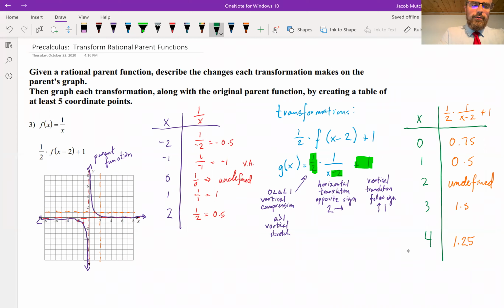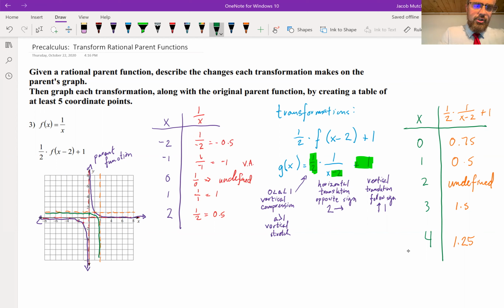So at 0, my value is 0.75. At 1, the value is 0.5. So on this left side, we definitely see that the function has gone 2 to the right, 1 up.